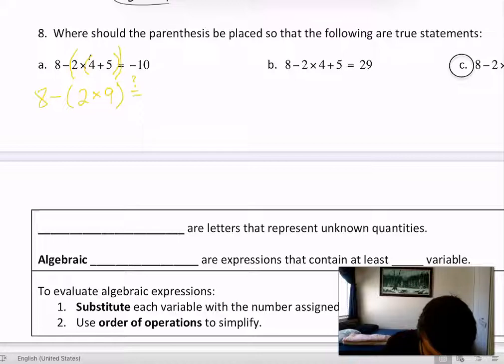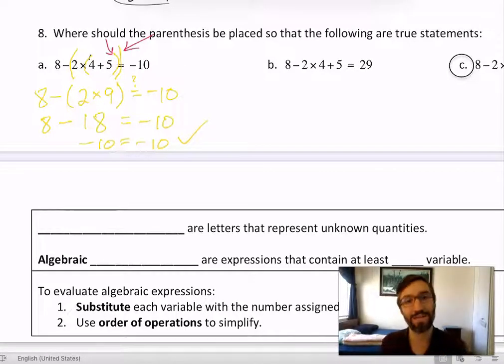Does that equal -10? And 2 times 9 is 18. So 8 minus 18, does that equal -10? And it does. So that's kind of a tricky one. You need two sets of parentheses on that one, and one's kind of embedded in the other one.